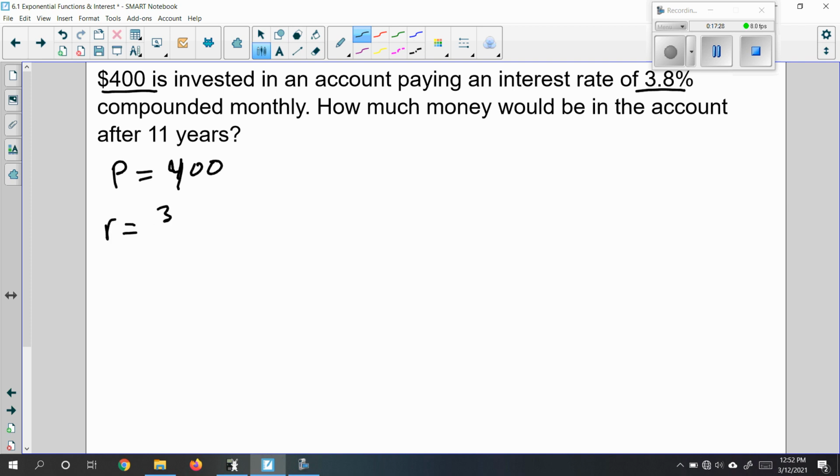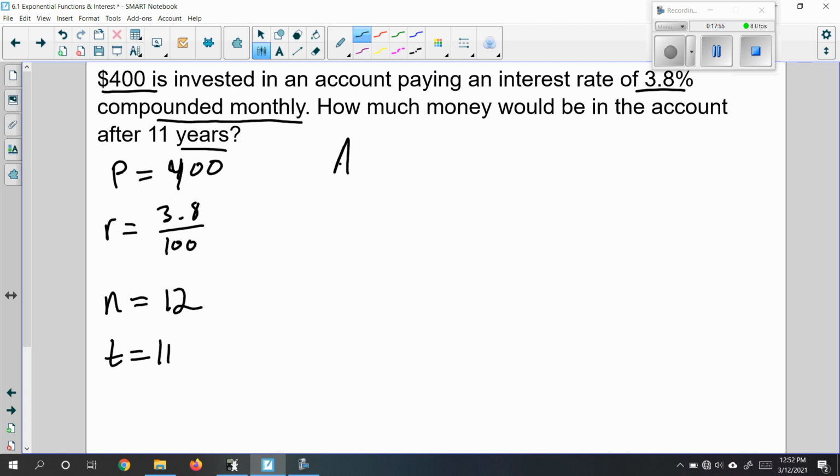So that means R is going to be equal to 3.8 divided by 100. The interest is compounded monthly. So every month the interest is computed. So that means that N is equal to 12. So now they want to know how much money will be in the account after 11 years. So T is equal to 11.